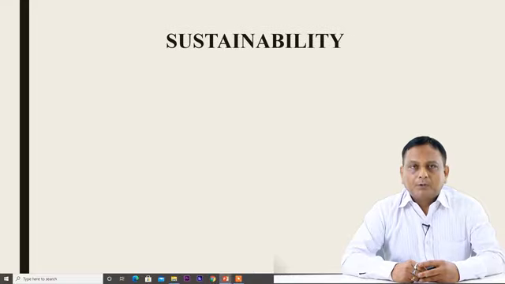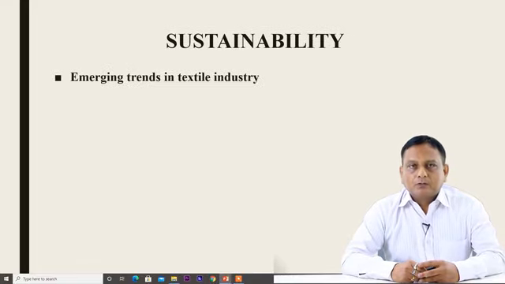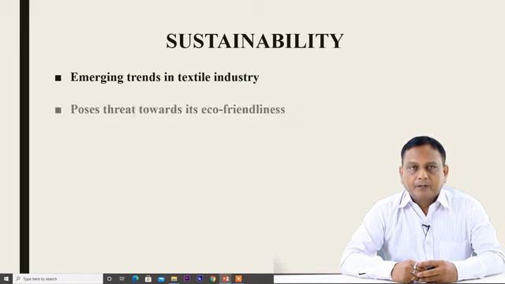Now, when you are talking about sustainability, this is an emerging trend in the textile industry, and these trends have come because of different factors involved, which are the demand of the day: health and safety and environmental protection. From there sustainability comes into play in the textile industry.